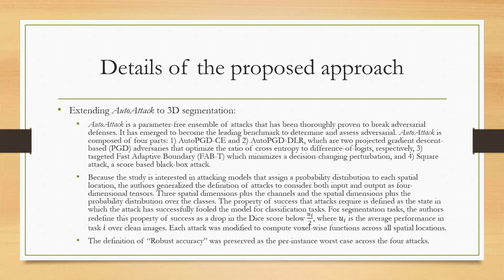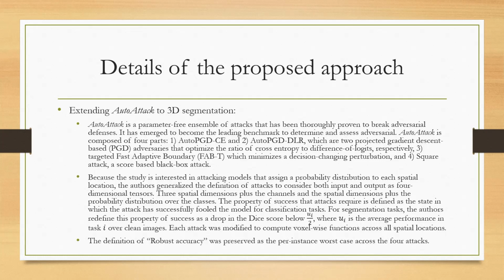Okay, so moving on to the further details of the proposed approaches, starting with extending AutoAttack to 3D segmentation. To break down what AutoAttack is mainly composed of, it's composed of four parts, which are Auto Projected Gradient Descent cross entropy, Auto Projected Gradient Descent difference of logits ratio. Third is targeted Fast Adaptive Boundary, and fourth is Square Attack.